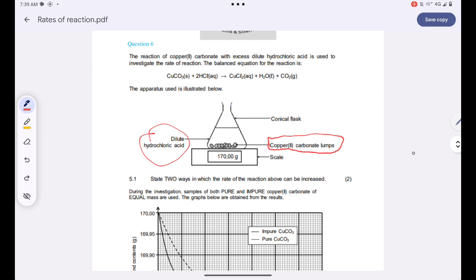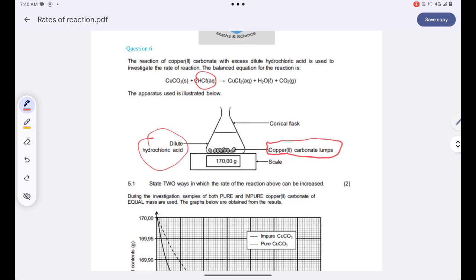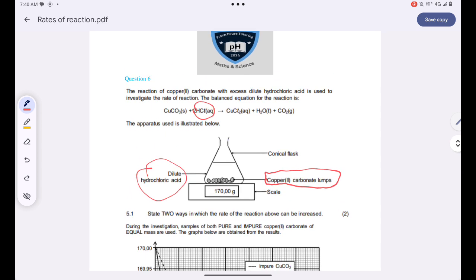Then the first question: we are being asked to state two ways in which the rate of the reaction above can be increased. We know that the rate of reaction can be influenced by 5 factors. If you increase the pressure, you'll increase the reaction rate. If you increase the concentration of your acid, your rate of reaction will increase.